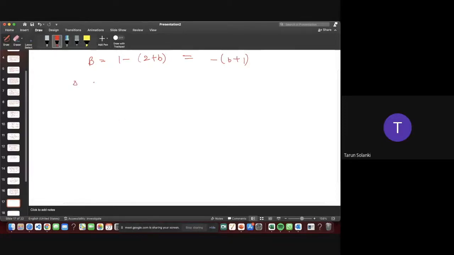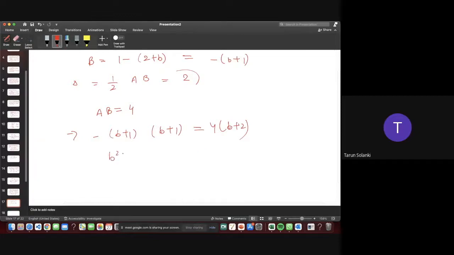So area of triangle is half AB, where the total area is 2, which is given. So we can write AB will be 4. Okay, we can set this AB on this side and 2 on this side. So you'll get AB is equals to 4. So finally, minus (b plus 1) times (b plus 1) is equals to 4 times (b plus 2), right?